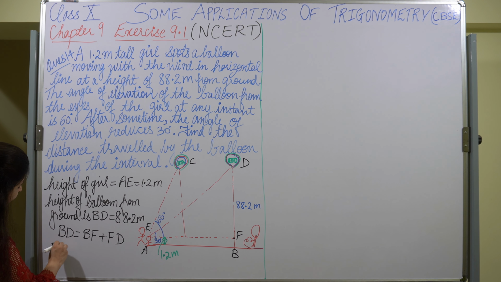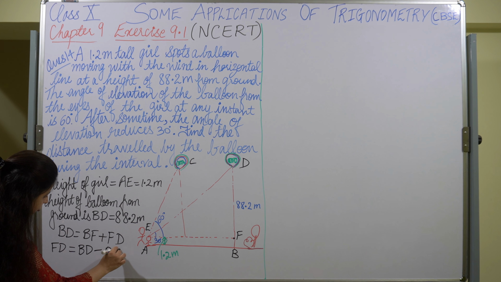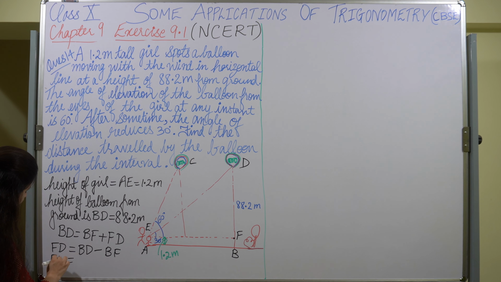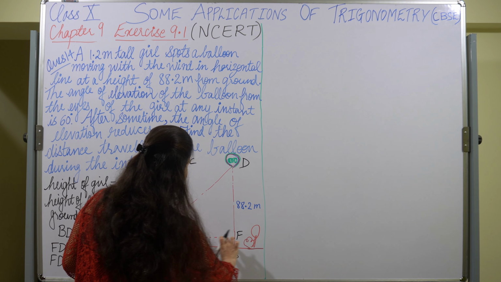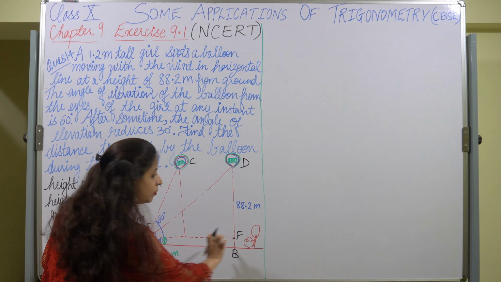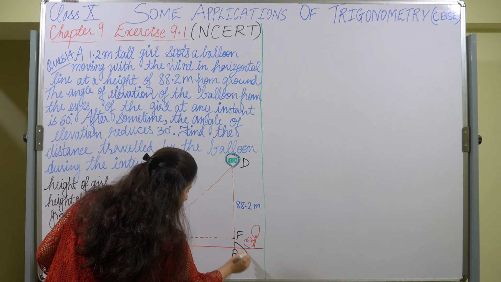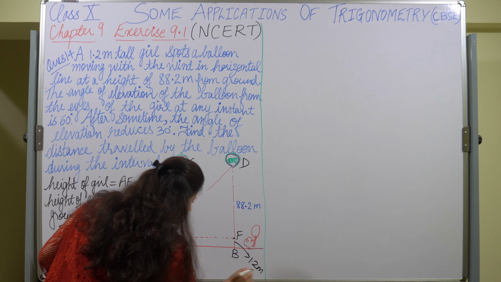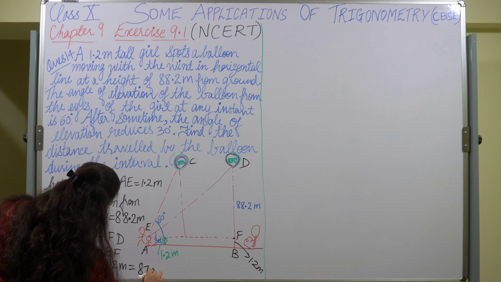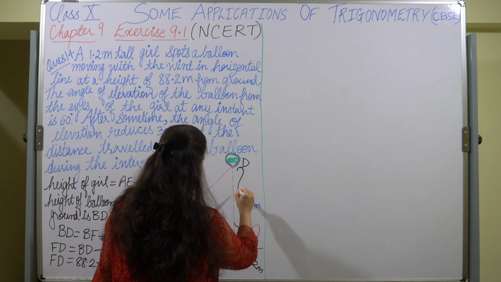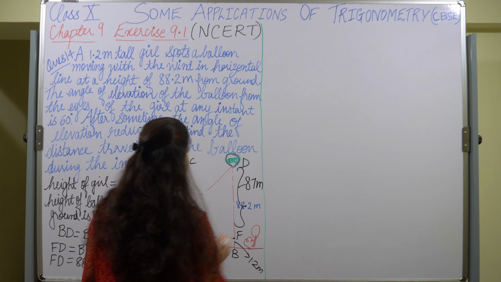BD is given as 88.2 minus BF. BF will be equal to AE, this whole height will be the same, so this value will also be 1.2 meters. So 88.2 minus 1.2 meters gives me 87 meters. So this height FD will be 87 meters.